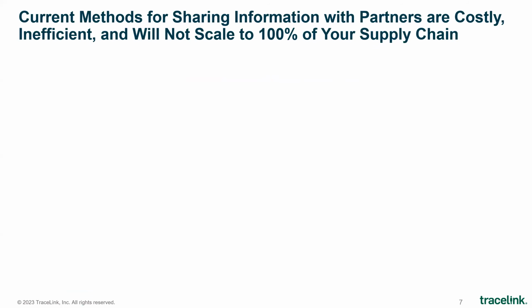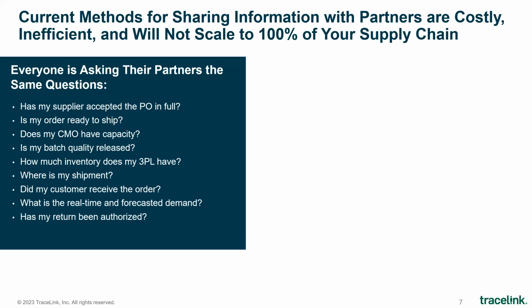The current methods for doing this aren't overly efficient. They tend to be costly, and they often don't scale to 100% of your supply chain. Questions we hear from customers a lot are: did my PO make it? Is my order ready to ship? How much inventory does my 3PL partner, my CMO partner have?